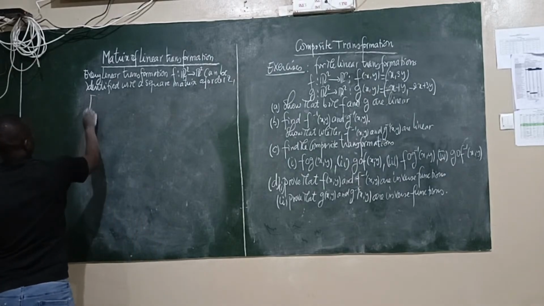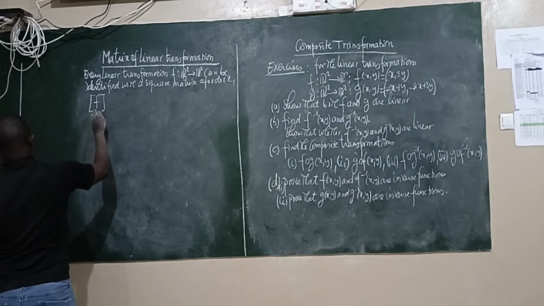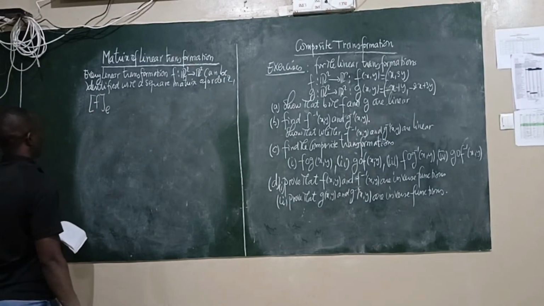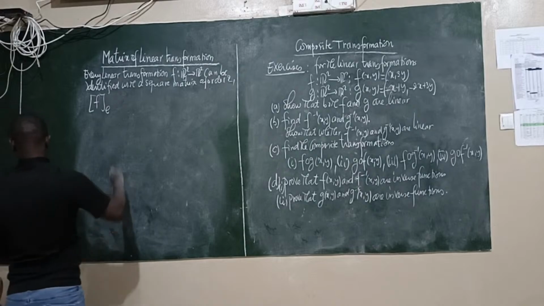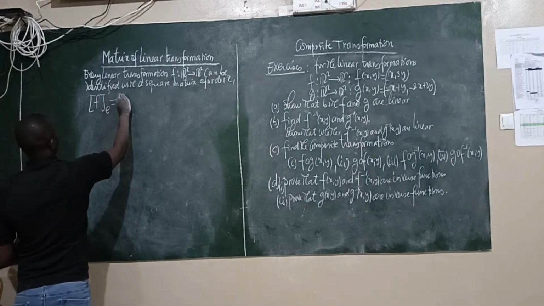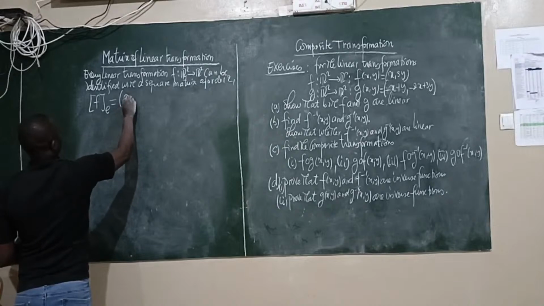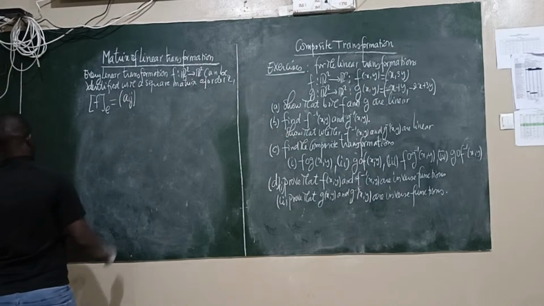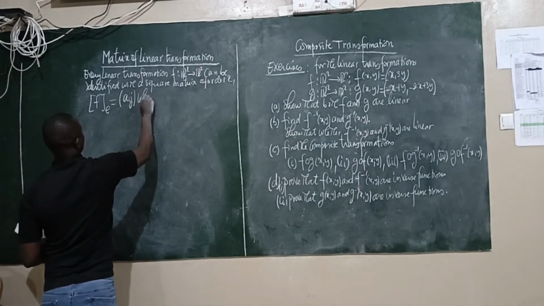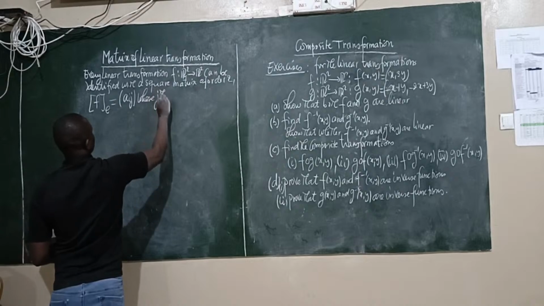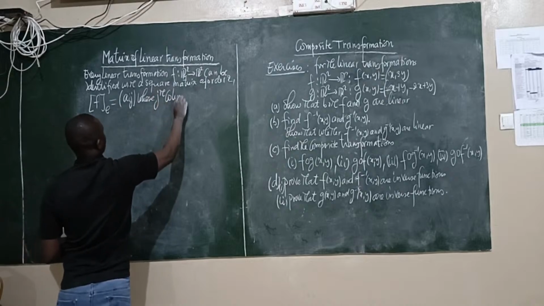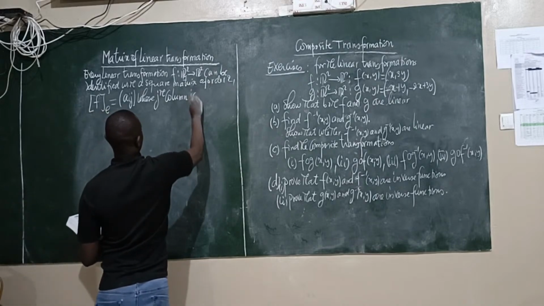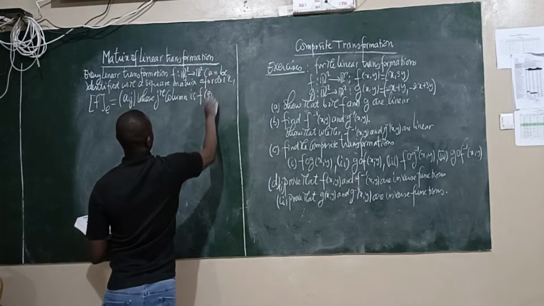This is the matrix of the linear transformation relative to the basis E: the matrix A whose j-th column is f of ej.